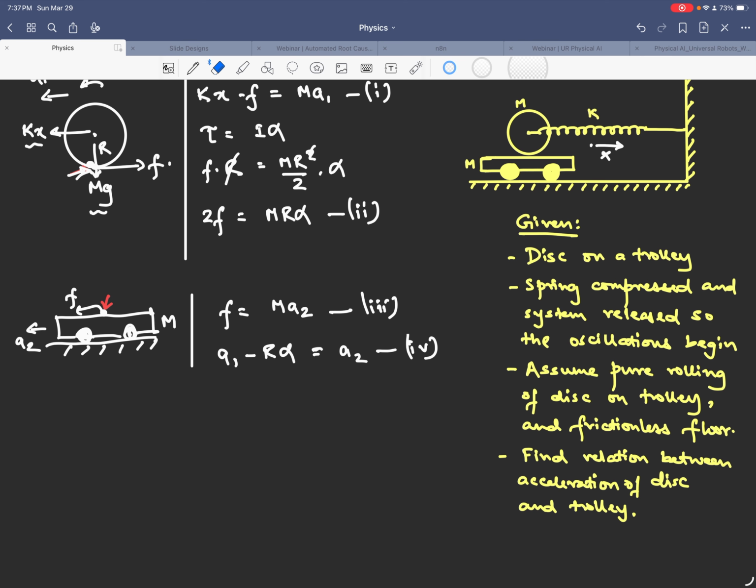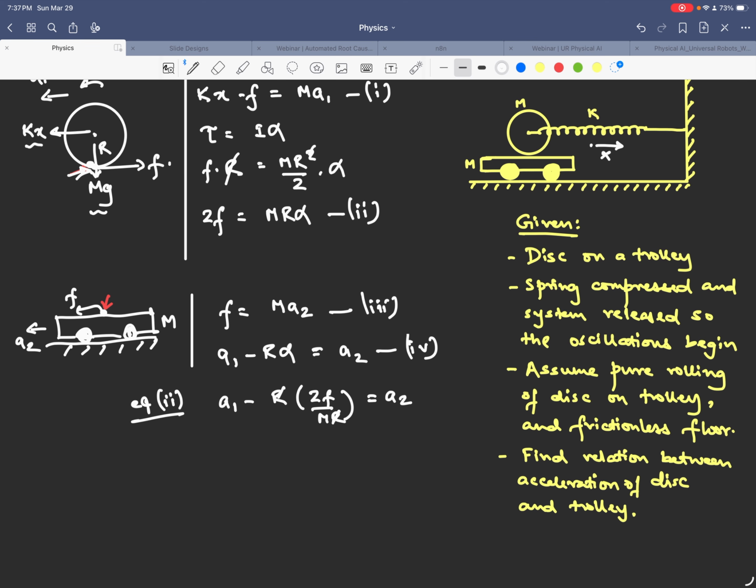Now that we have 4 equations over here, and given that we want to find the correlation between a1 and a2, it seems obvious that we need to replace the r alpha term and somehow convert it to a1 and a2 form, right? So what I can start doing here is that I can just write alpha from equation 2 as 2 times f by mr, which is equal to a2, using equation 2. I see that the r and r get cancelled.